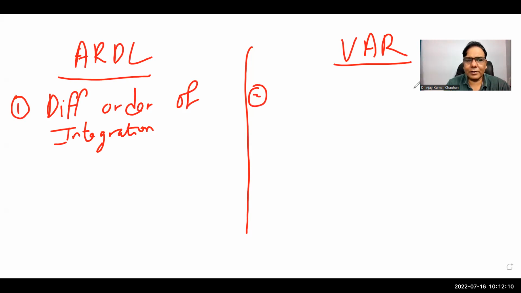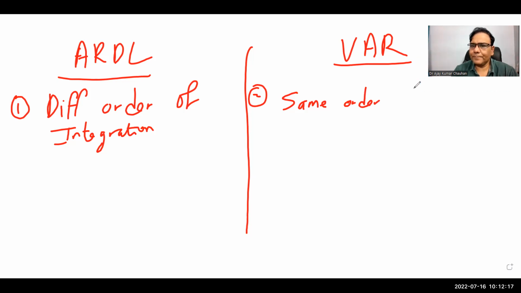In VAR, the condition is the same order of integration. You can apply VAR only when the dependent and independent variables have the same order of integration. Means they are stationary at the same difference.